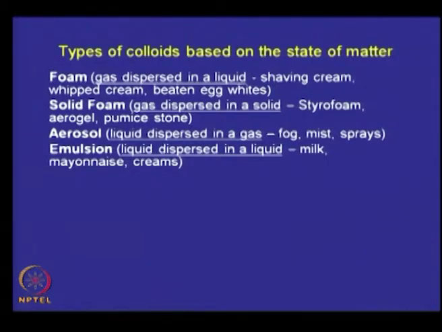Emulsion is basically liquid dispersed in liquid. For example, if I take say kerosene and water or oil and water and shake it very well, we will see at first a very cloudy liquid, and then they separate out into kerosene and water phase.